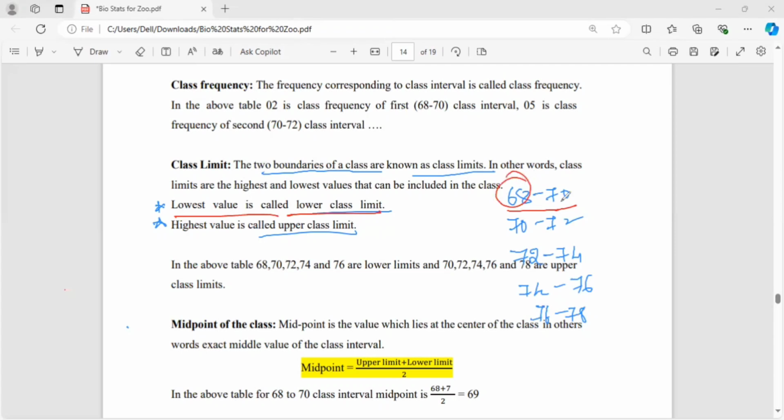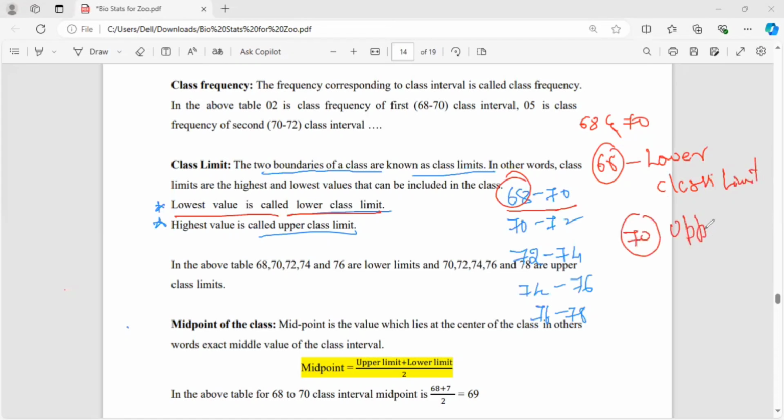In 68 and 70, which is lower? Lower is 68. So 68 is the lower class limit and 70 is the upper class limit for the first class interval.